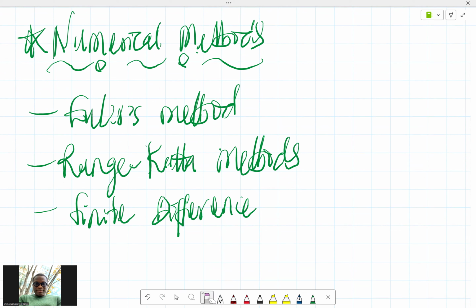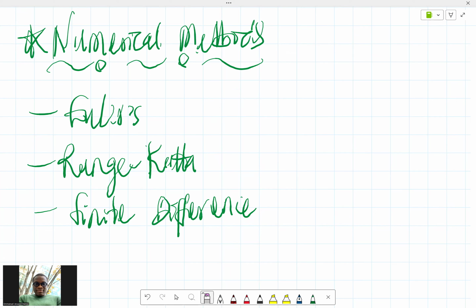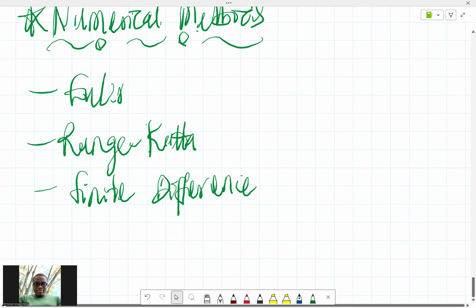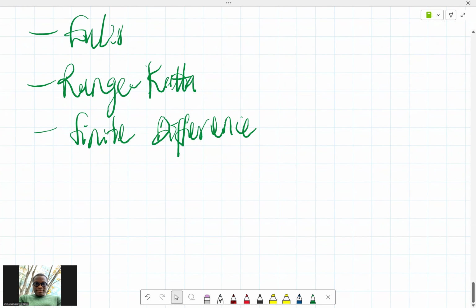I've not been adding the word method all along, so it's cool. Let me just say Euler, Runge-Kutta, finite difference, right? These approaches are useful when analytical solutions are difficult to obtain. And that was like a precursor to the whole numerical method thing I did.